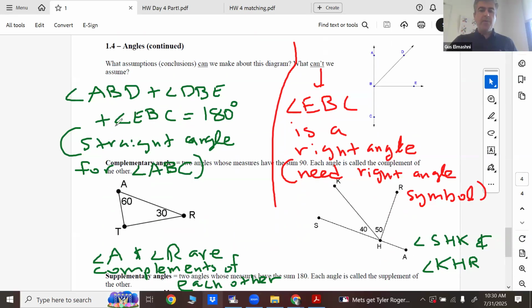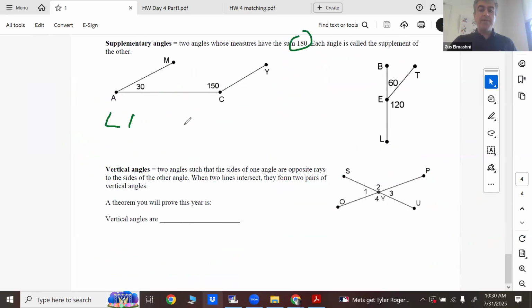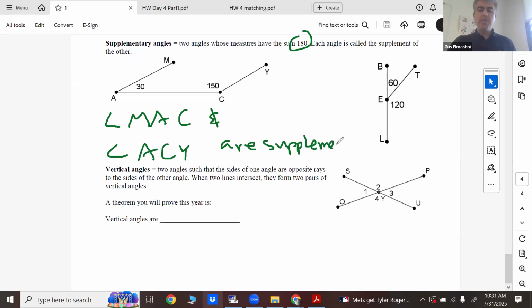So angle MAC and angle ACY are supplements of each other. Here, yeah, you can say angle BET and angle TL.